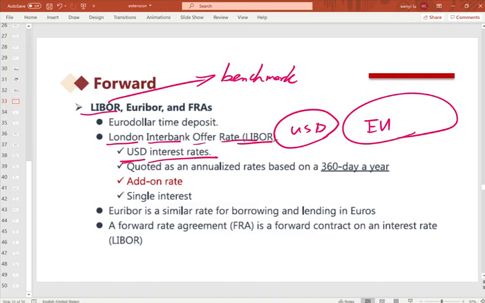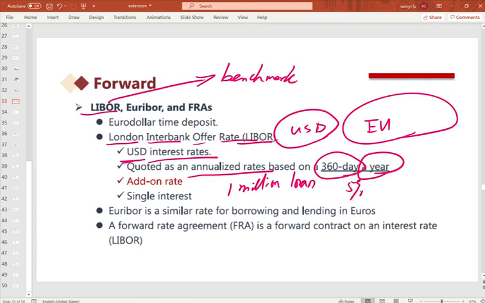This interest rate will be quoted as an annualized rate based on a year of 360 days for LIBOR. And LIBOR, be careful, is an add-on rate. What is an add-on rate? For example, for a $1 million loan, if you borrow $1 million in a foreign country, then you will pay LIBOR, for example 5%.